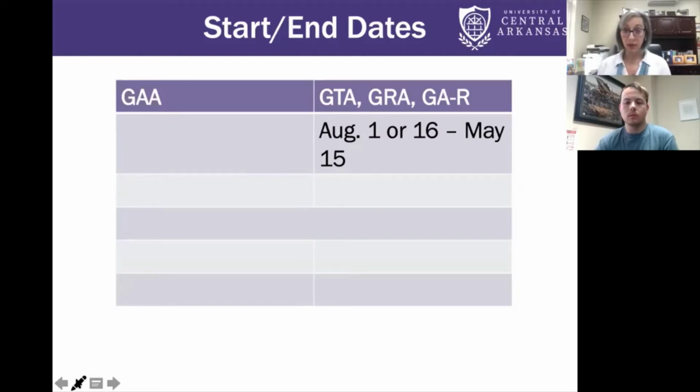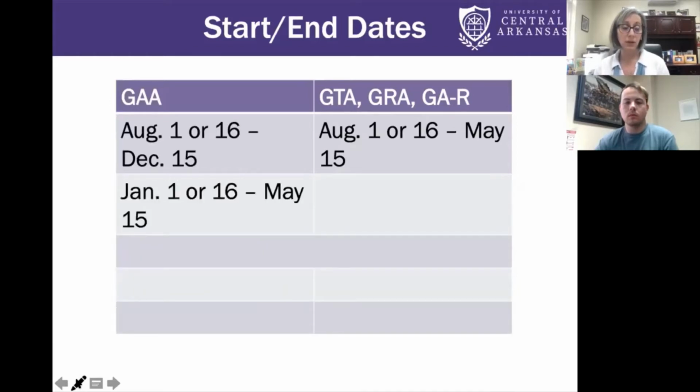You can compare that to GAAs, where I've already said we're going to split their time worked. Their timelines are, again, that August 1st or 16th start date, but now it's going to end on December 15th. And then in the spring, we will pick up on January 1st or 16th and run through May 15th.